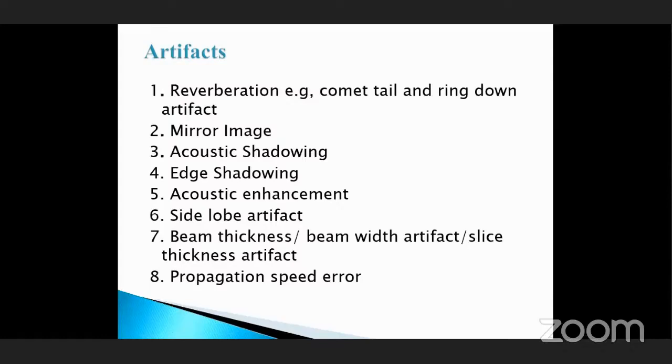So there you may see a discontinuity in a linear structure. For example, sometimes we see discontinuity in the diaphragmatic line, sometimes discontinuity in the intestinal wall, but by changing the position of the transducer, you can well avoid these artifacts.